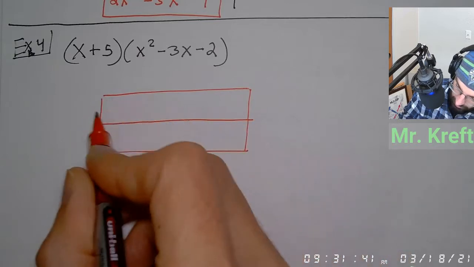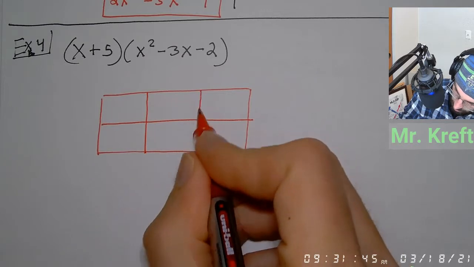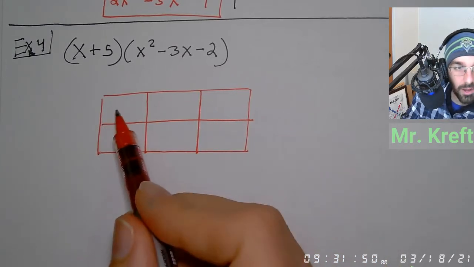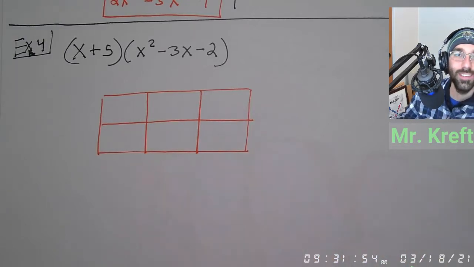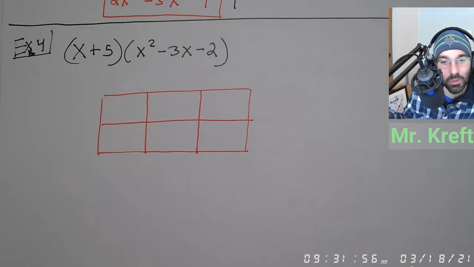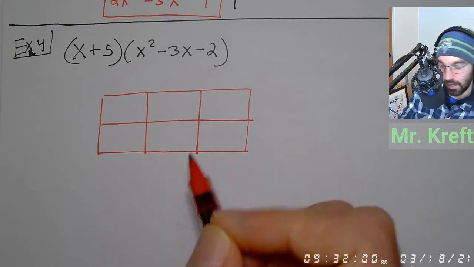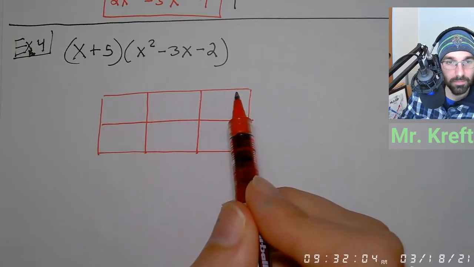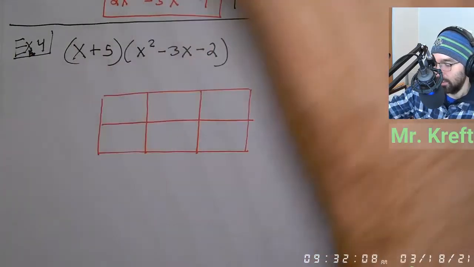So see how there's 2 here, but then I'm going to have 1, 2, 3. See how I built my third box out to the right? You could also add it down below. It's totally up to you. We just have to make sure it's a 2 by 3. So you could have done 2 on the top and then 3 on the side.